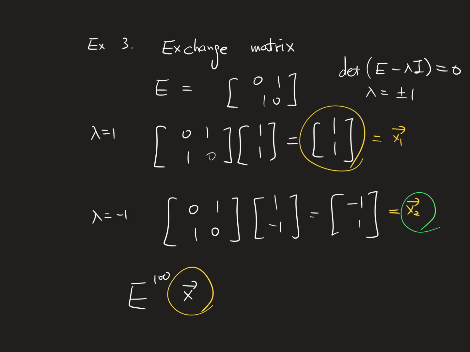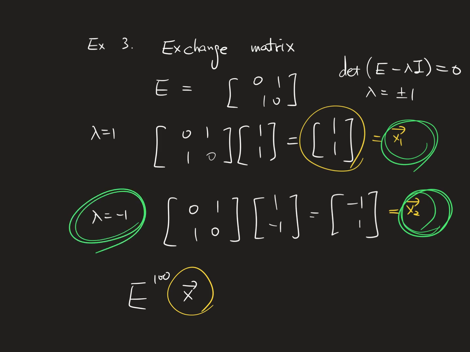After decomposing the x vector, we can expect that the x1 component will stay the same. And how about the x2 component? It will oscillate because lambda is minus 1, and that means it never fades out. It will oscillate.